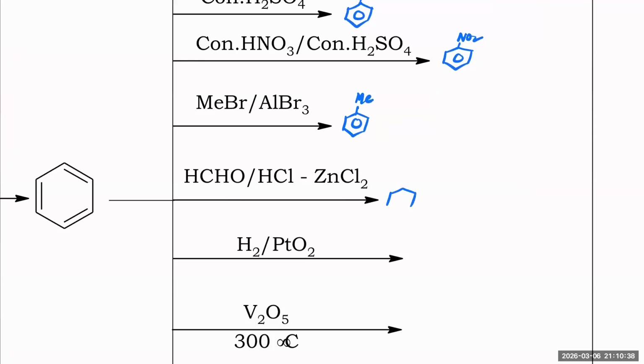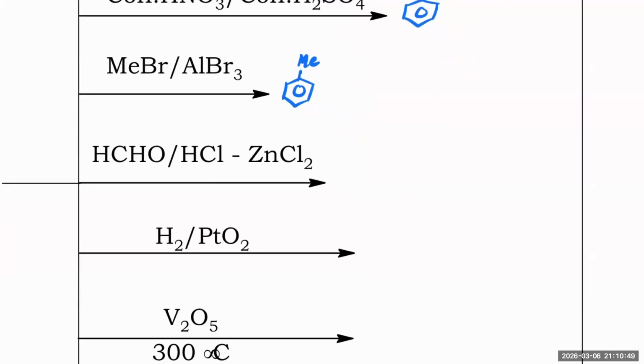Next, when you use ZnCl2, this is called the Gattermann-Koch reaction. Let me remind you again with the mechanism. I'll write a bit of mechanism here. So we have H, C double bond O, H, and when you treat with HCl in the presence of ZnCl2, chlorine will connect here, lone pair will connect here, bond will break here.